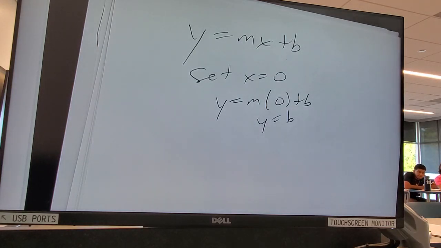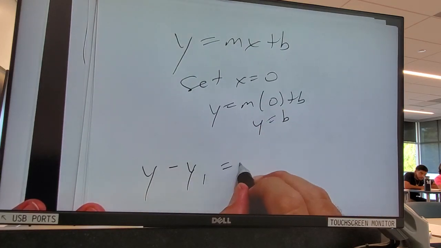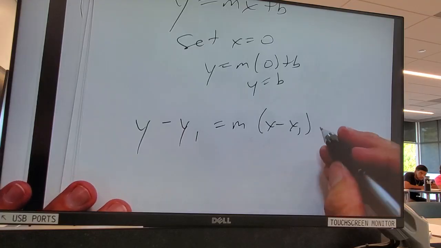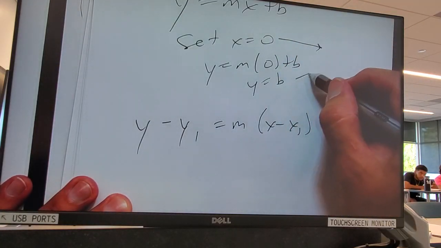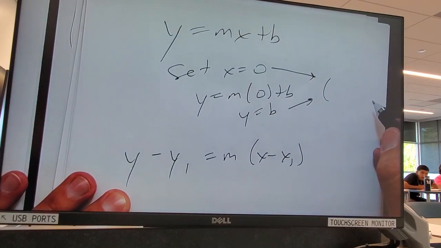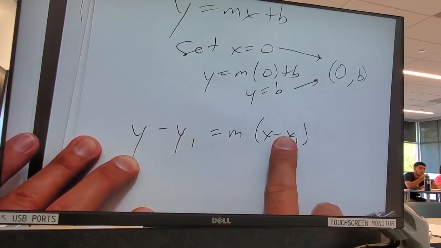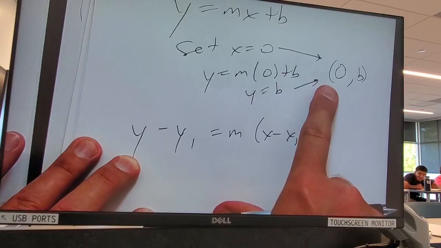If I look at this one again, what point did we just create up here in this problem? What was the input? 0. What was the output? b. So let's say this is going through the point (0, b). Where do I put 0?